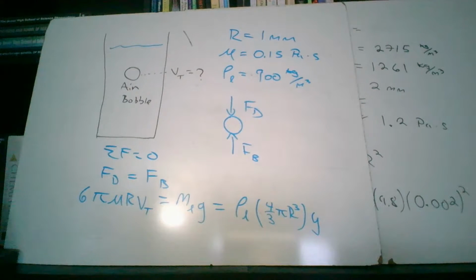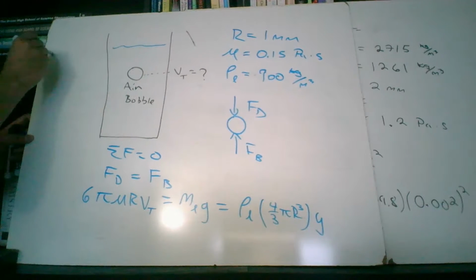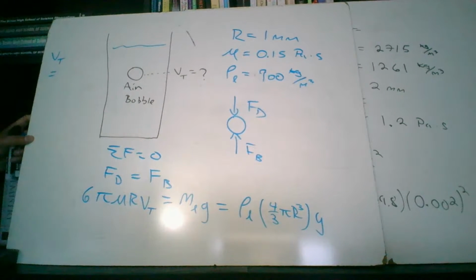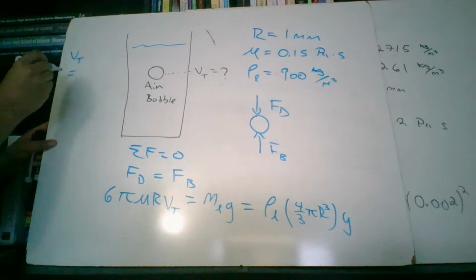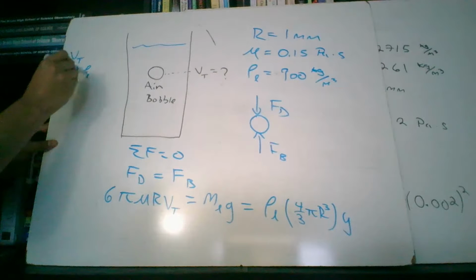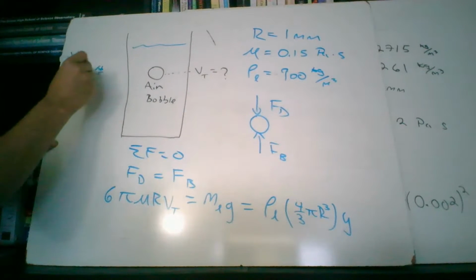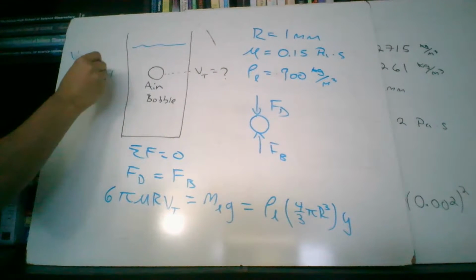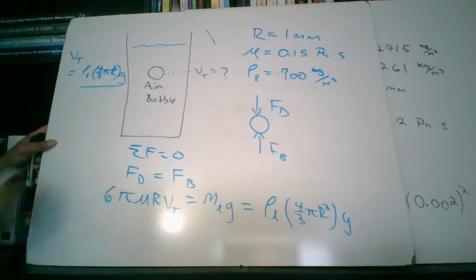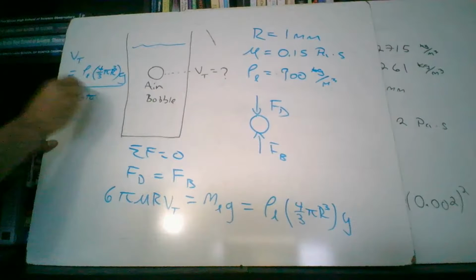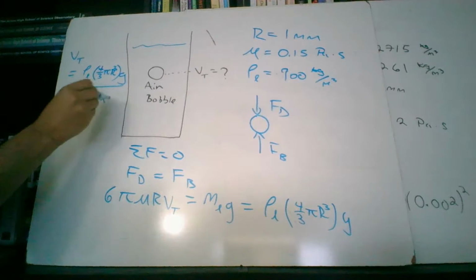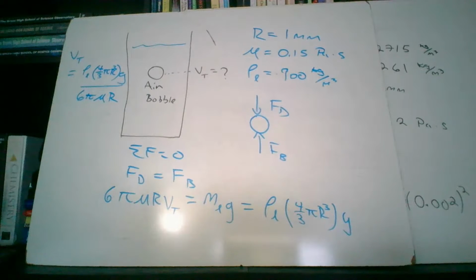And from here, we can get an equation for the terminal velocity. The terminal velocity is going to equal rho L times g times the volume, 4/3 pi R cubed, all divided by whatever's left over here, which is 6 pi mu times R. And so this is the terminal velocity for an air bubble.